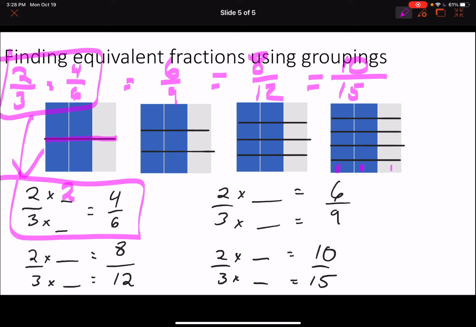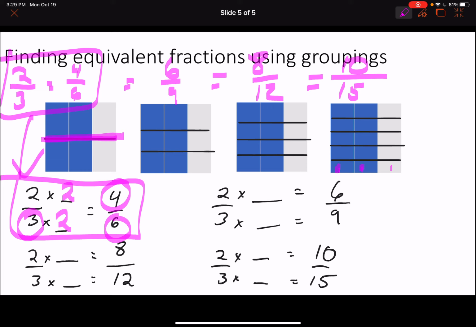So I'm going to write a 2 there and a 2 there. I multiply the numerator by 2, which equals 4, and the denominator by 2, which equals 6. It shows that that line has split it into 2 more sections.